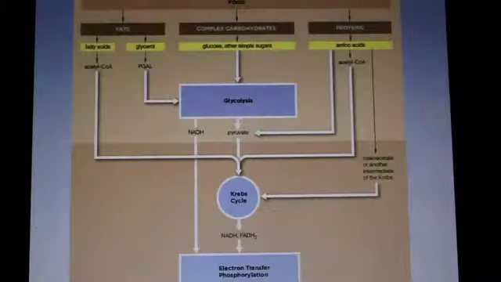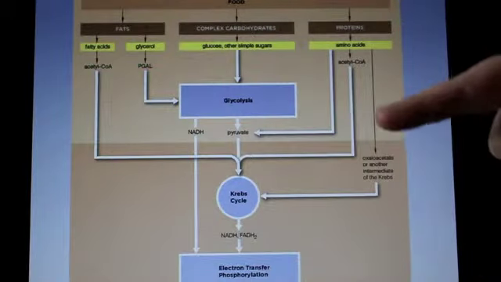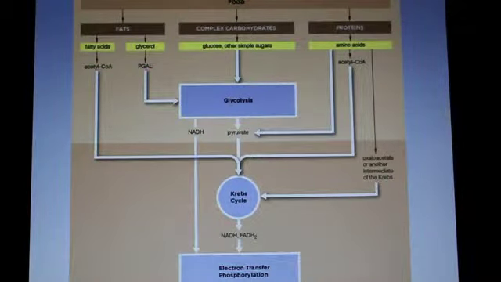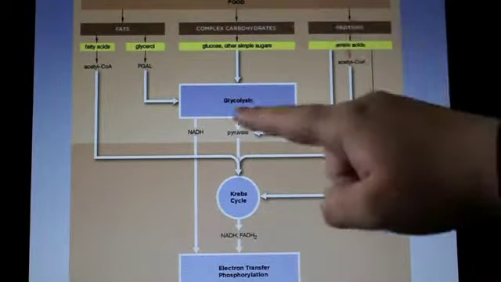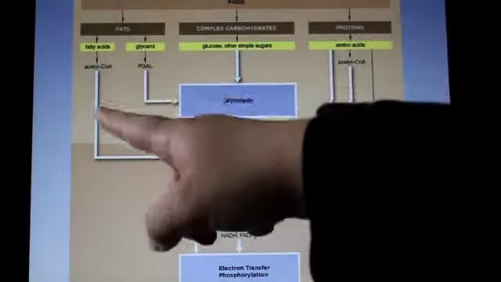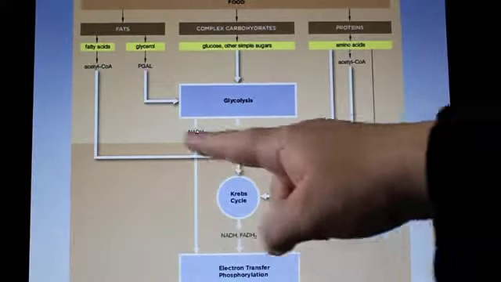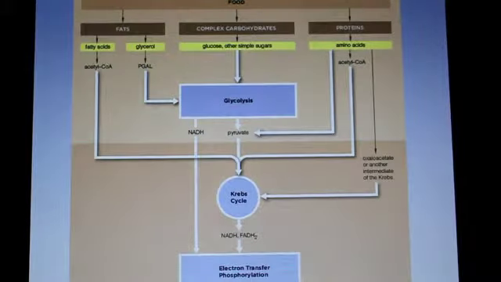So here's a little chart showing you where the food you eat goes and how it enters the pathway that we talked about, respiration, with glycolysis, the Krebs cycle, and electron transfer phosphorylation. So when you eat fat, some of its fatty acids get made into acetyl-CoA and go into the Krebs cycle.